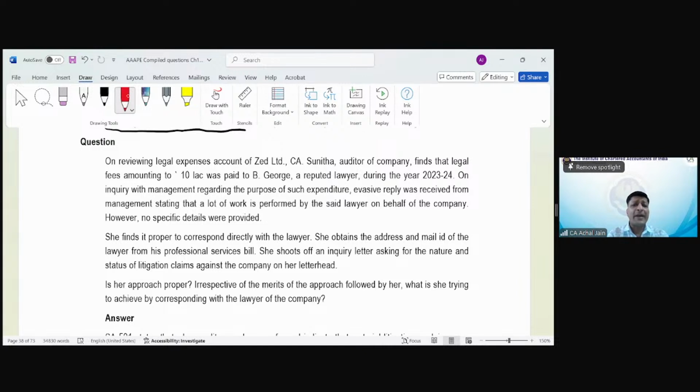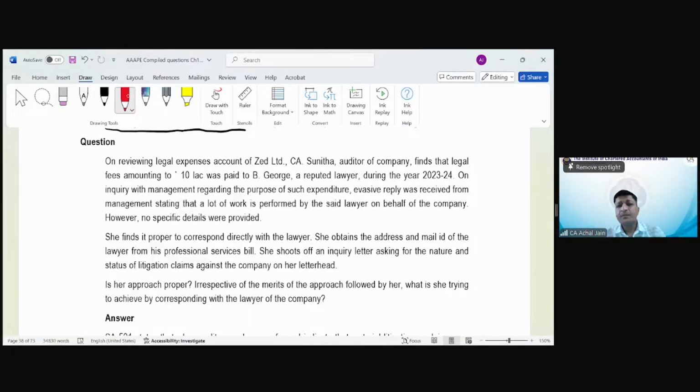On inquiry with the management regarding the purpose of such expenditure, an evasive reply was received from the management stating that a lot of work is performed by the said lawyer on behalf of the company. However, no specific details were provided. She finds it proper to correspond directly with the lawyer.